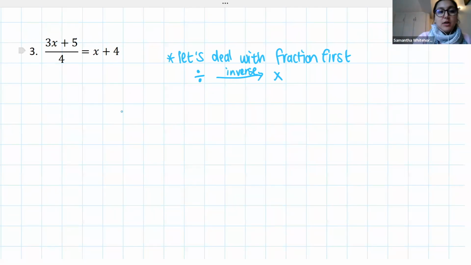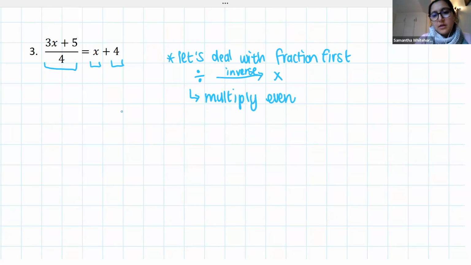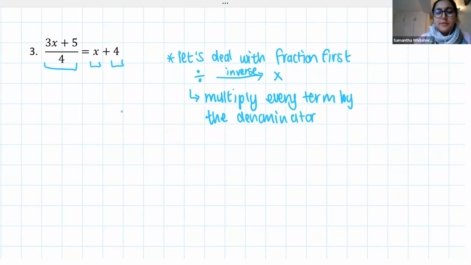So in this case, my denominator is 4. So every single term in this equation must be multiplied by that 4. So we need to multiply every term by the denominator. Alrighty.